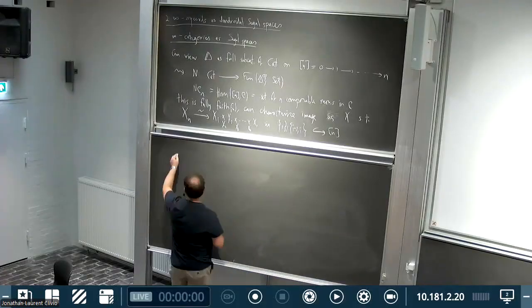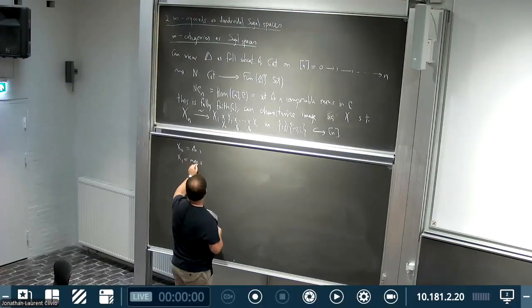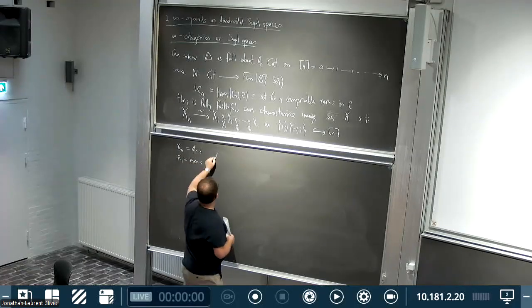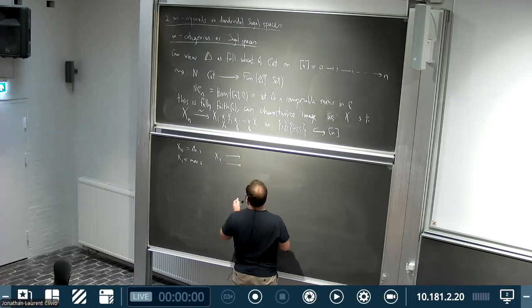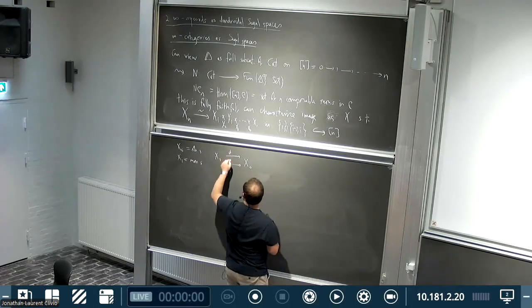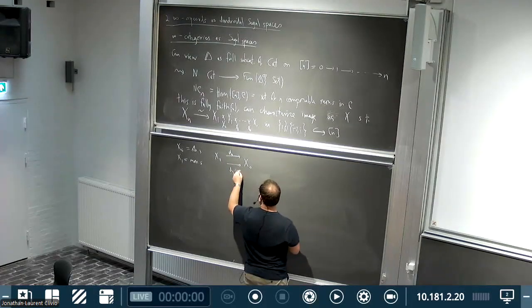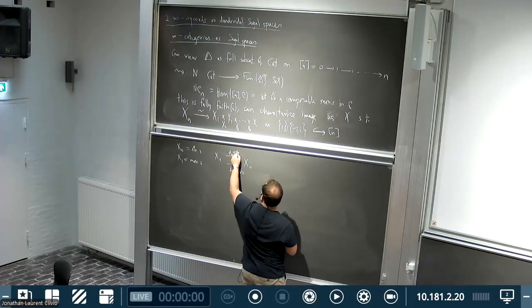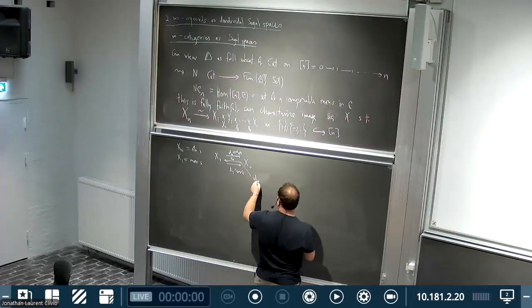Here we have X0, the set of objects. X1 is the set of morphisms in the category, then we have the face maps, d0 and d1, which give us the source and target of the morphism, and then we have the degeneracy, which gives the identity morphisms.